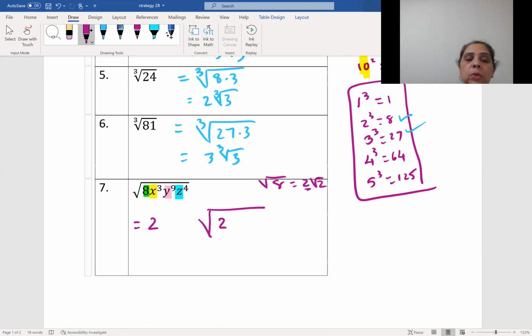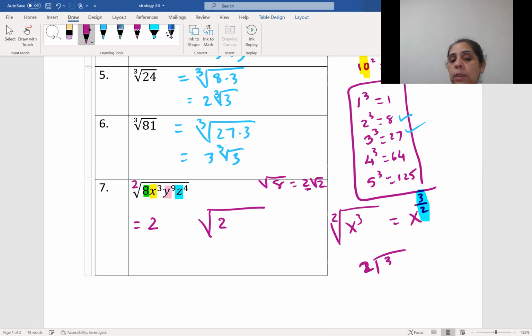Now we have x cubed. If we think, here we have index 2, so we have x cubed, right? If you think how you will write in exponent form, x to 3 over 2. So here that is an improper fraction. When you simplify, it must be a proper fraction. So you will just simply divide 3 by 2.